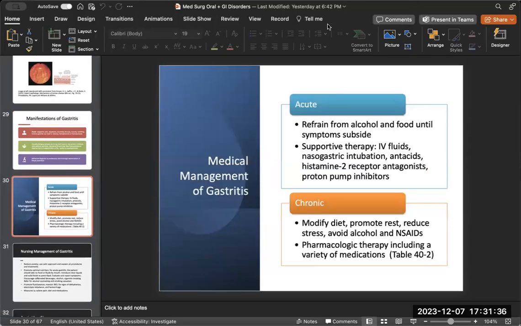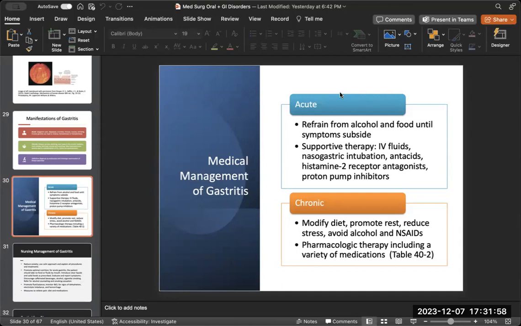So how are we going to help someone? We always said tobacco use, alcohol, all of these problems, foods that are spicy and unpleasant could affect any sort of stomach issue. So they should refrain from alcohol or foods until the symptoms subside. Remember, if this is acute, it's only temporary. So if they're going to eat food, that's going to hurt their stomach even more.